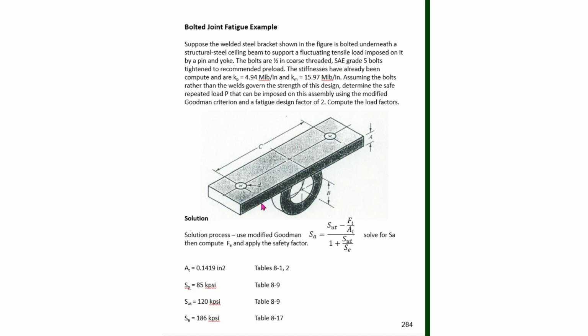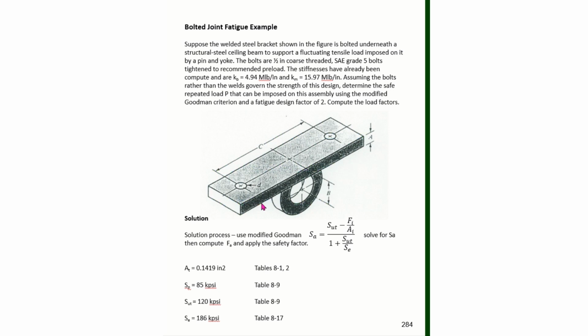The bolts are 1/2" coarse thread SAE grade 5, tightened to the recommended preload. The stiffnesses have already been computed and are KB and KM. Assuming the bolts rather than the welds govern the strength of this design, determine the safe repeated load P that can be imposed on this assembly using the modified Goodman criterion and a fatigue design factor of 2.